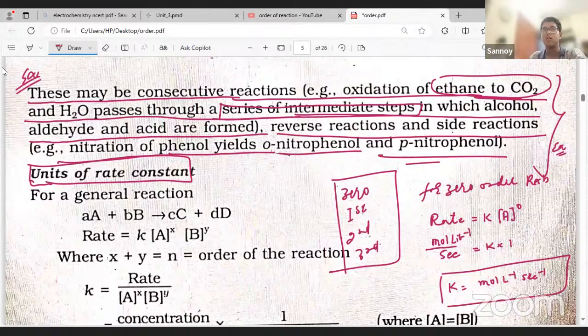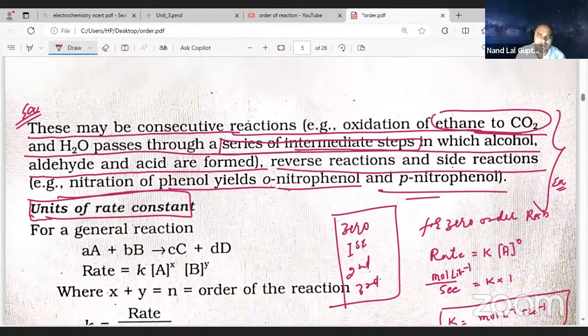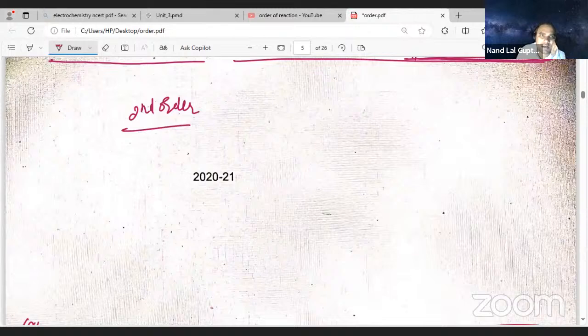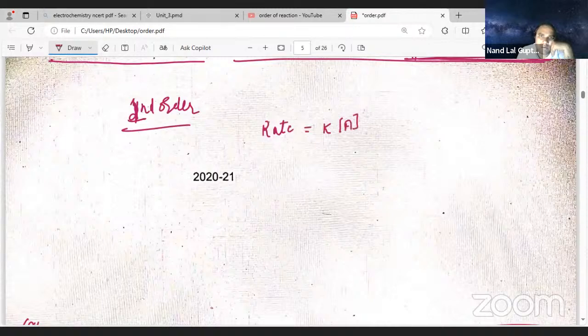Yes, sir. Let us see the second order. No, first order, not second. First of all, we are going for first order. So how can we write? Rate is equal to K A to the power 1.